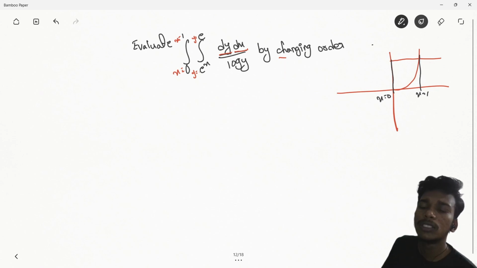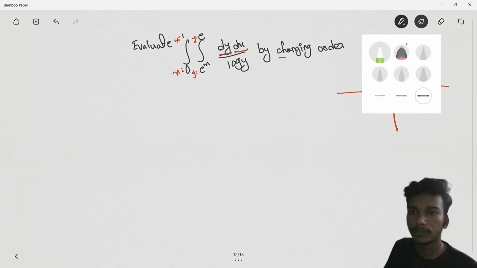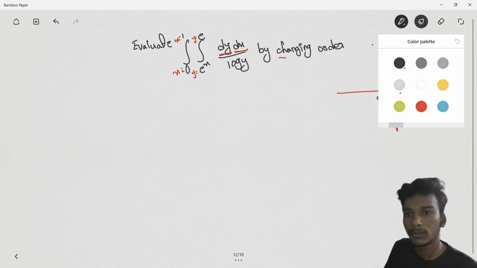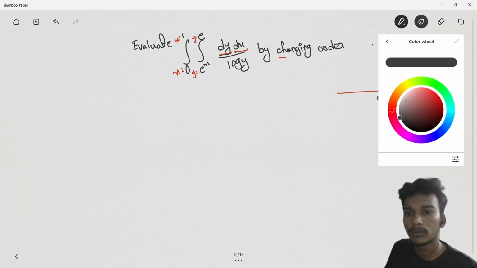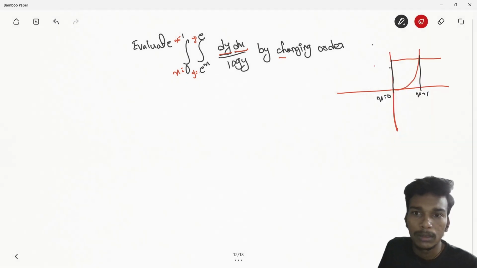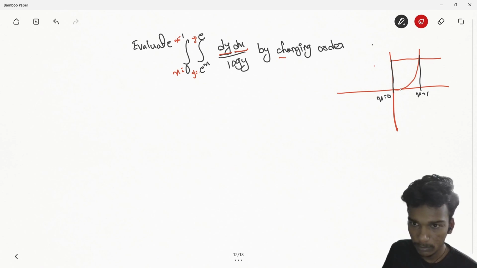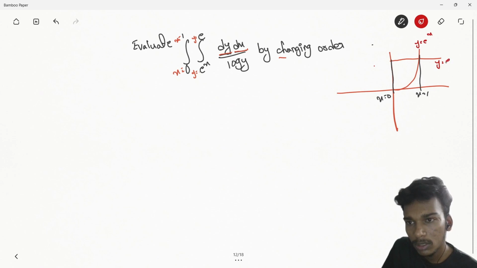Now I'm going to change the order of integration. First, what I will consider is the y is equal to e power x graph and the y is equal to e graph, right?